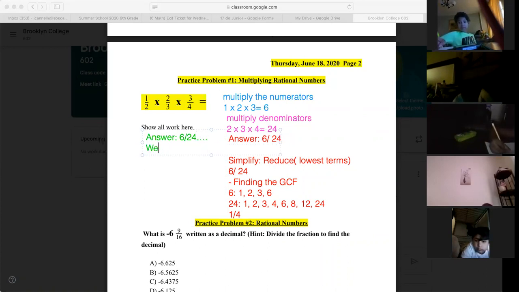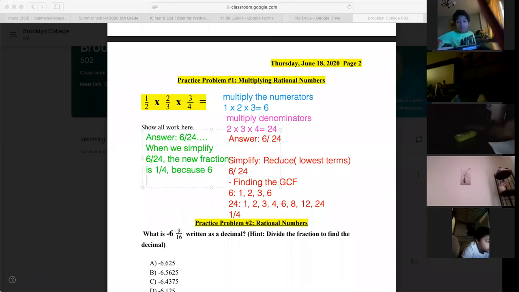When we simplify 6 over 24, the new fraction is 1 over 4 because 6 is the greatest common factor, which is the GCF.